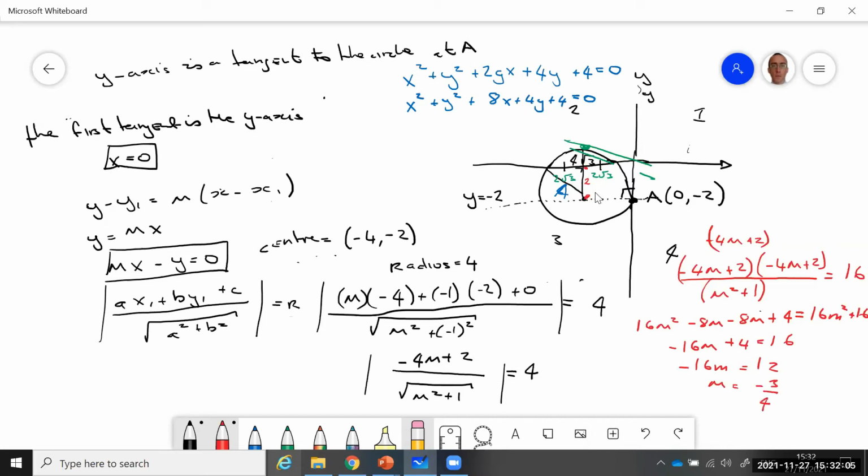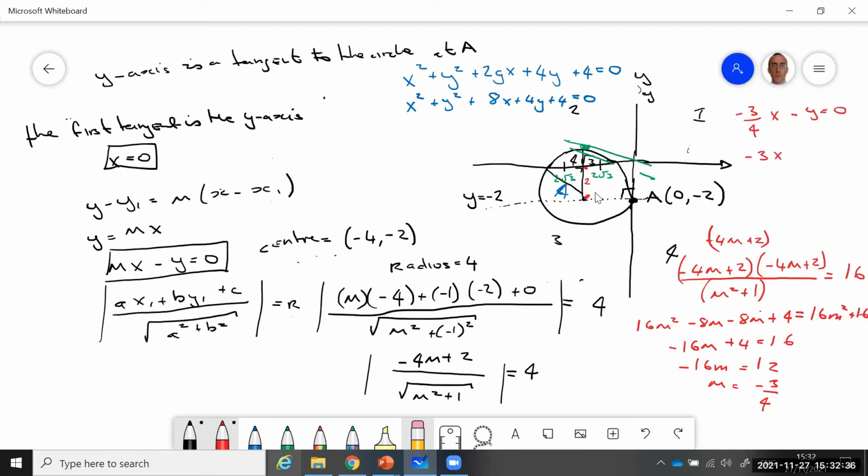So just to remind ourselves what m actually is, m was the coefficient of x that we had in the general equation of this particular green line, the tangent that grazes the top of the circle and passes through the origin. So the other tangent, the one that goes through the origin, is negative 3 over 4 x minus y equals 0, and multiply across by 4.